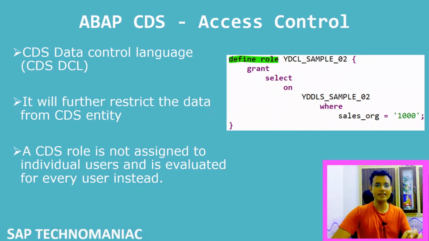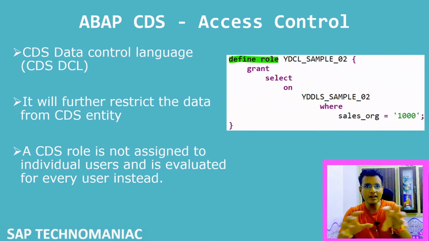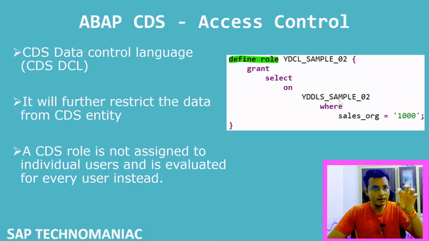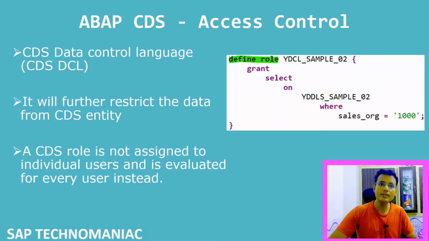It is not the case that the role we define using the data control language is evaluated only for a few users and not for others. Whoever accesses the particular CDS entity used in the define role, for all users, this DCL will be evaluated if the CDS view is linked to that DCL.